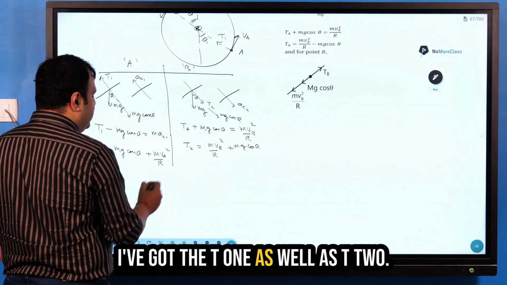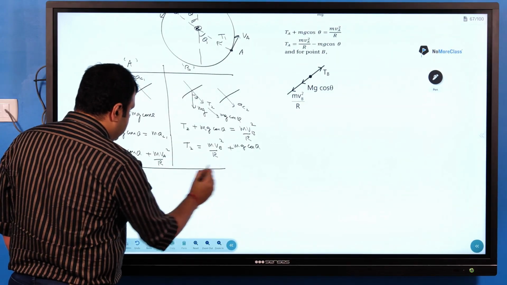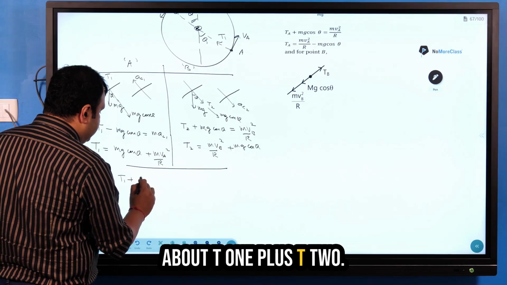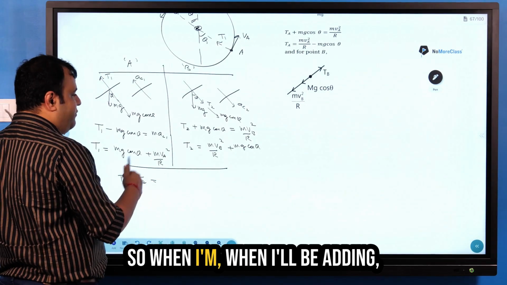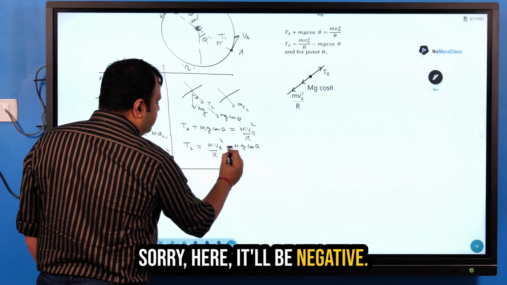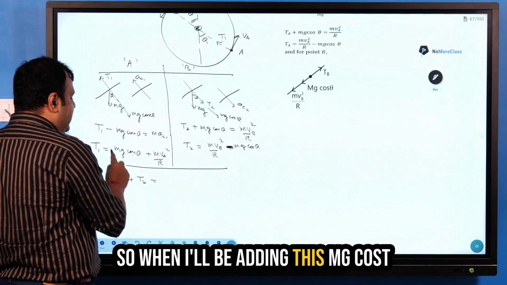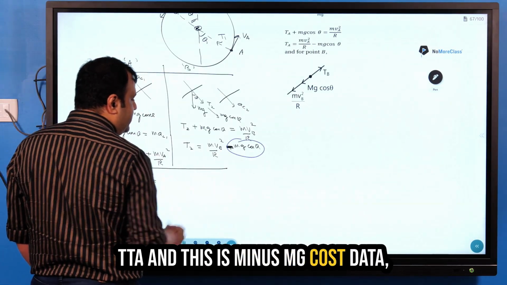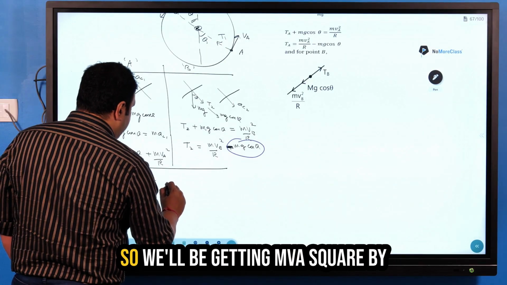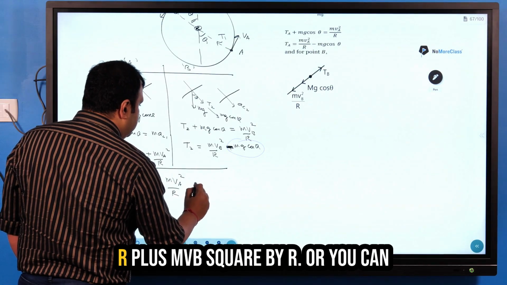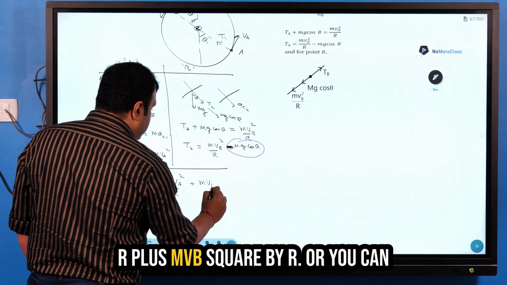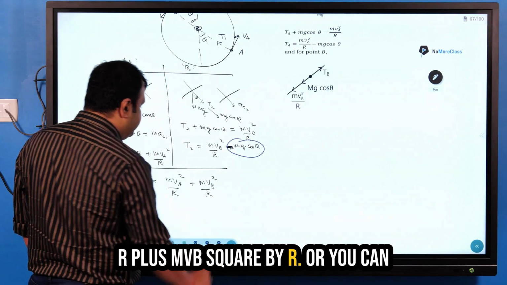I've got T1 as well as T2. Now they are asking about T1 plus T2. Let me add both. When I add, the mg cos theta and the minus mg cos theta cancel out each other. So we get m VA square by R plus m VB square by R.